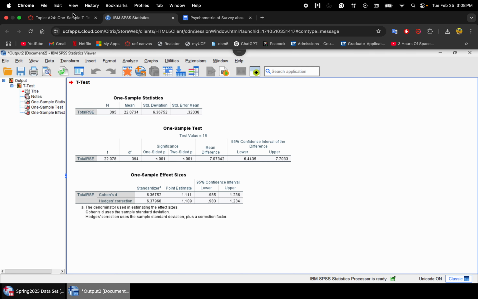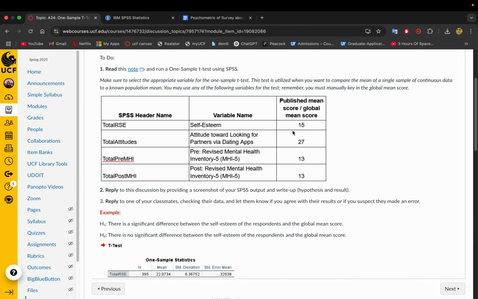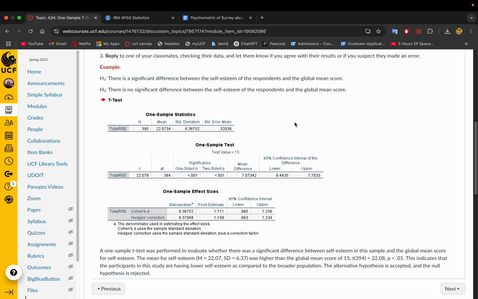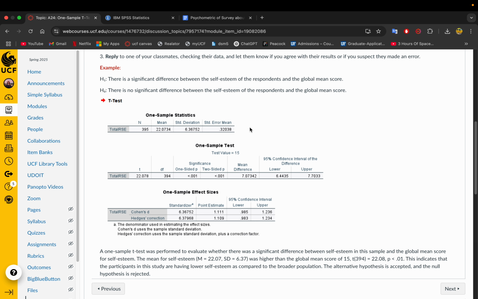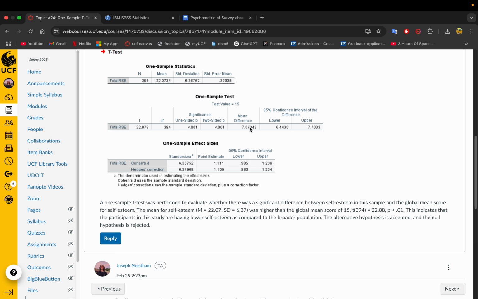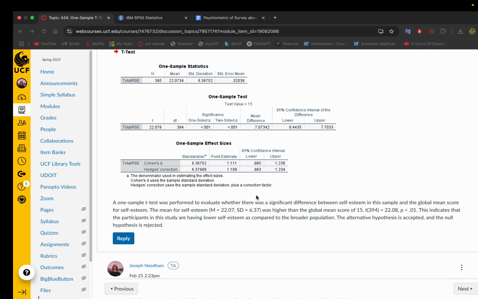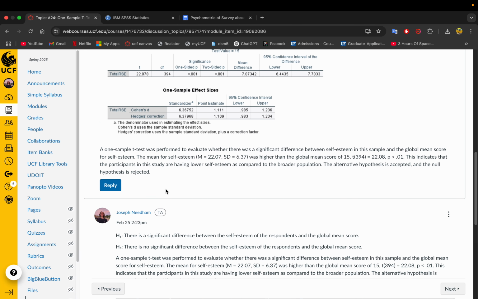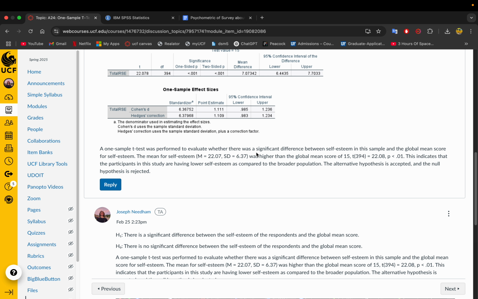It's higher than the global average of 15, which we can see here. Therefore, the self-esteem of this sample is going to be lower, since the mean is higher. So what we want to do is use the global mean score of 15.